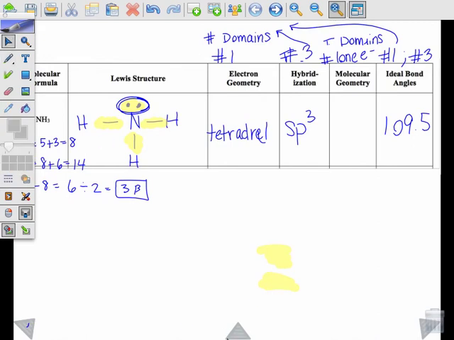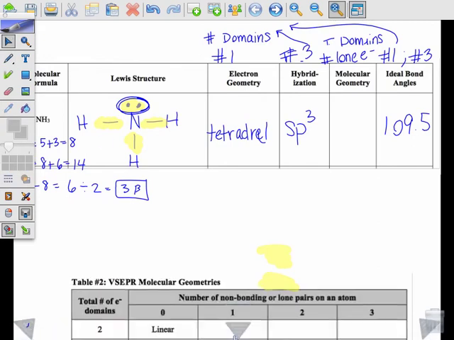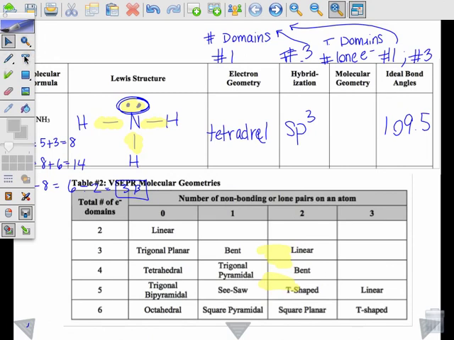So if I use chart number 2, right here, you need 2 things to use chart number 2. You need the number of domains, which we already figured out is 4, and you also need the number of non-binding lone pairs. Notice it says pairs. It's not number of electrons, it says pairs.